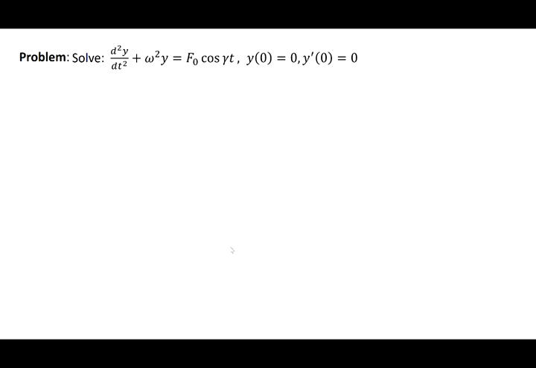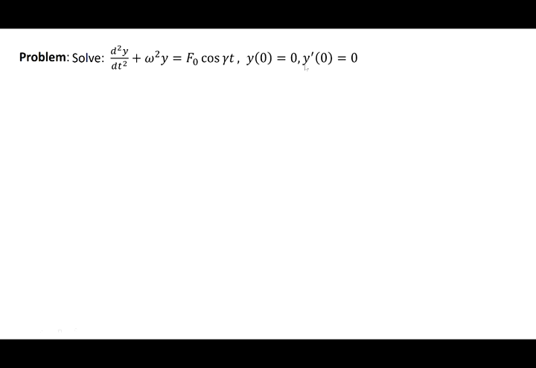You have a spring, and the top end of the spring is attached to some fixed surface, to the roof, let's say, and the bottom end is attached to a mass. And the spring has some spring constant k, and the mass is m. K over m is this omega square. And it is being subjected to an external force, f sub 0 cosine of gamma t.